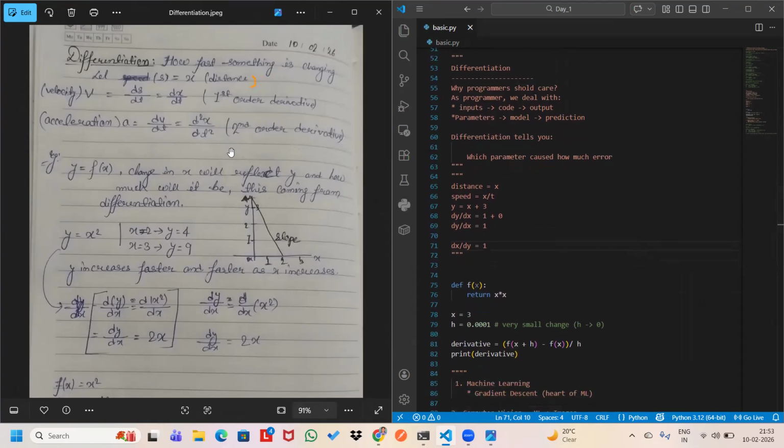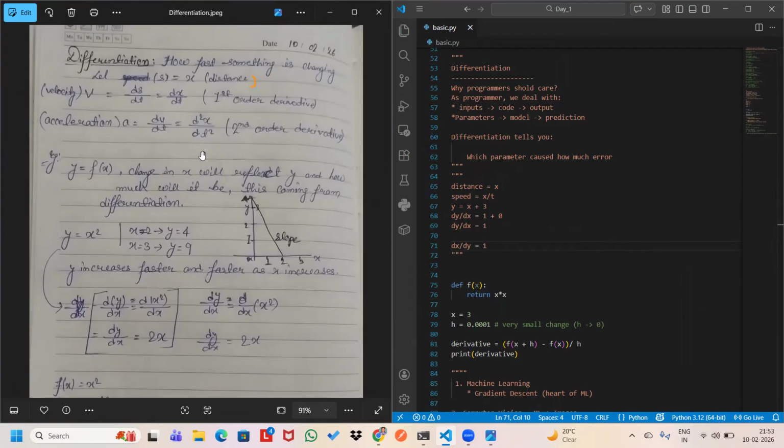Now let's move forward. If you differentiate distance, then ds by dt would be your dx by dt, and it will be your speed.